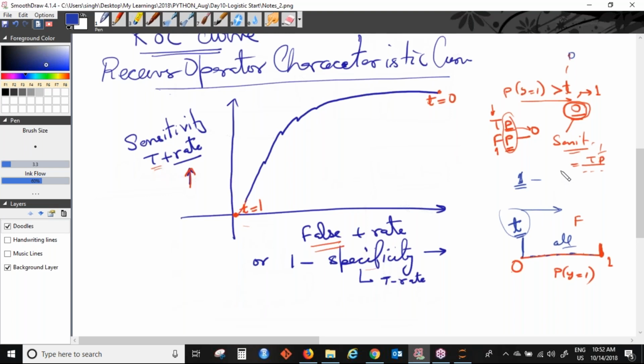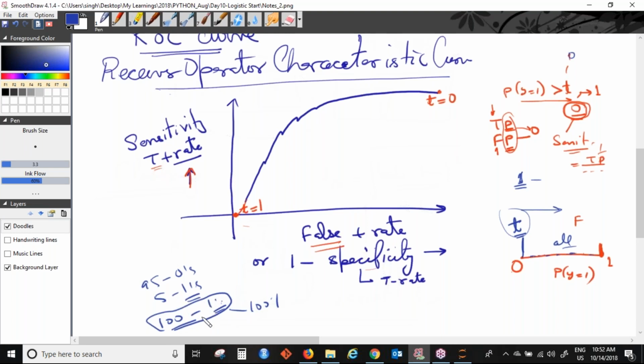How many actual cancer patients will you catch if you are saying everybody has cancer? Let's say you have 95 zeros and 5 ones, 5 cancer patients, 95 do not have cancer, and you are saying all 100 have cancer. So how many actual cancer patients will you catch as a proportion? It will be 100%. You will catch all 5 of them.